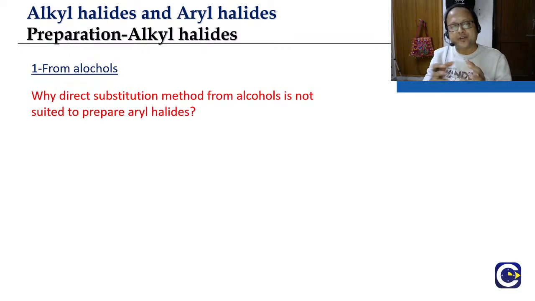If I treat phenol with say HCl directly, nothing is going to happen. You treat this with HBr, nothing is going to happen, right? So why can the OH on an aromatic system not be easily removed? You can say that nucleophilic substitution reactions do not take place easily with aromatic systems, right?